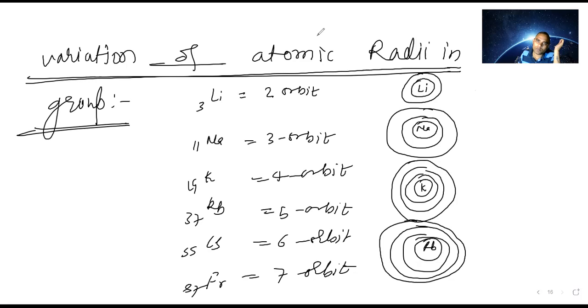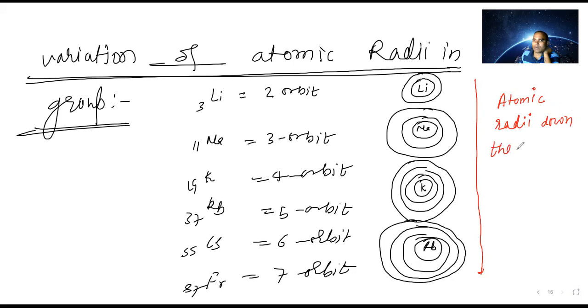So if you are moving down the group, what is going to happen? Is the atomic radii increasing or not? Increasing. Atomic radii increases down the group. Why? Due to the increase in the number of orbits.